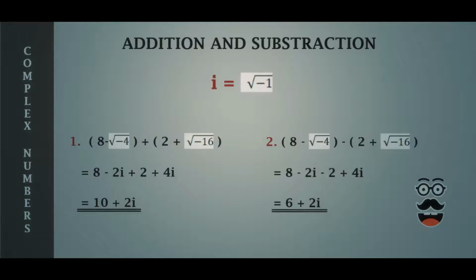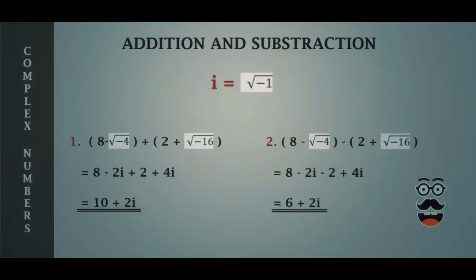We can write the square root of negative 4 as 2i and the square root of negative 16 as 4i. Then we can write 8 minus 2i plus 2 plus 4i. Then solve the equation and we can write 10 plus 2i.